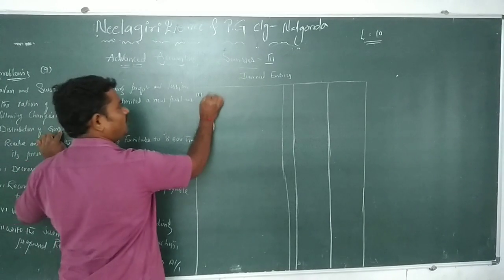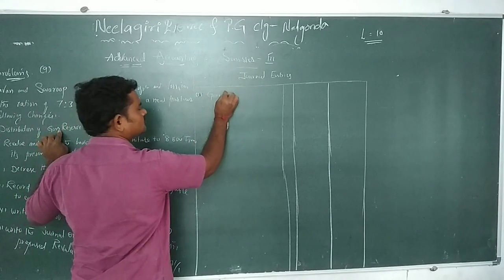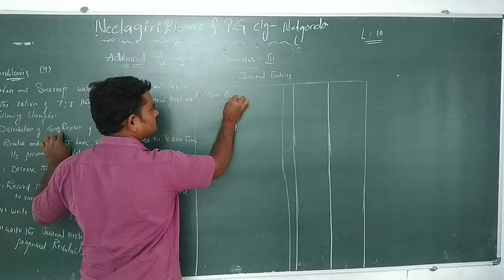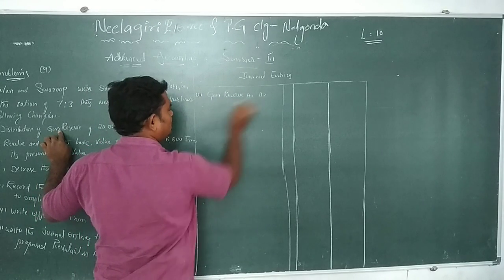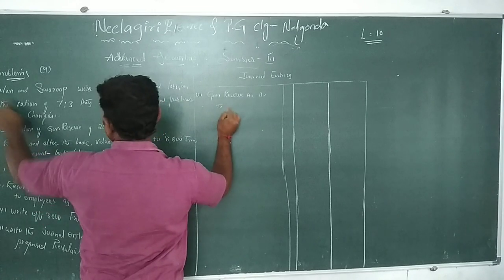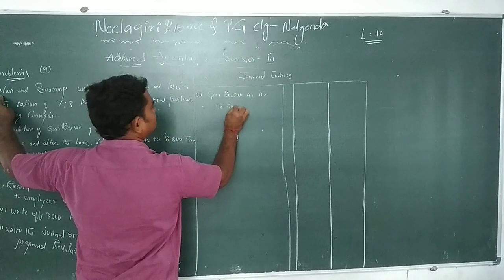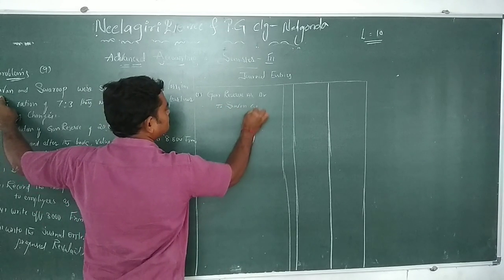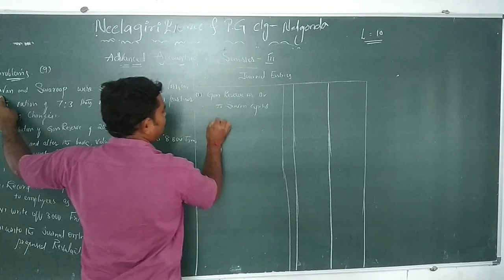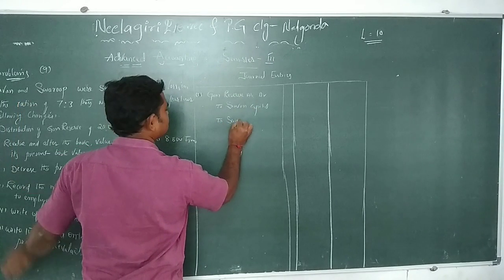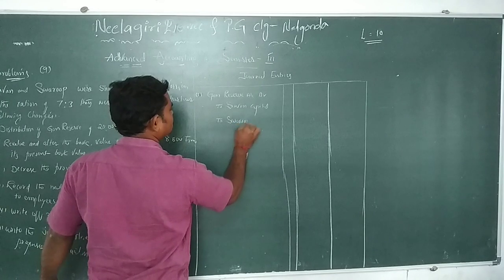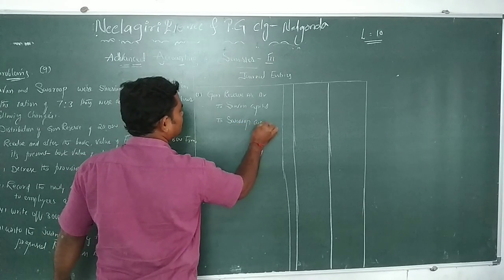General reserve account debit to old partners' capital, Shravan capital and Swaroop capital.